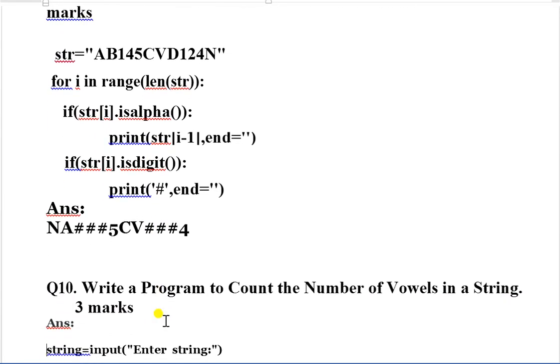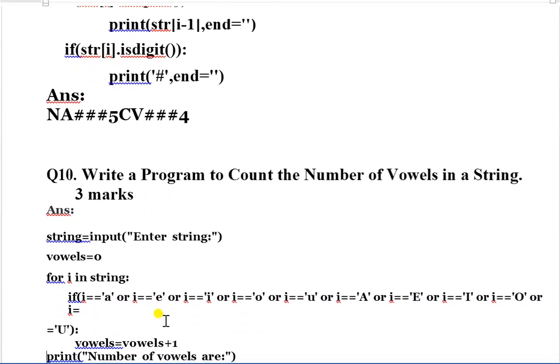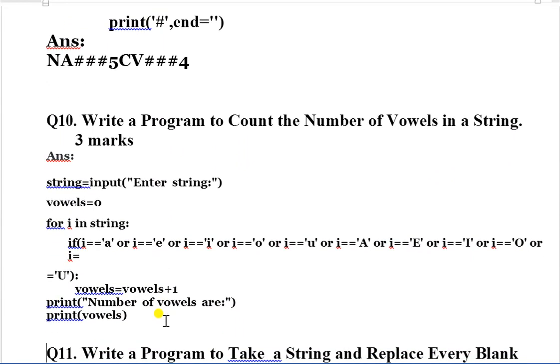Now question number 10. Write a program to count the number of vowels in a string. It is of 3 marks. So these are the vowels. You have to ask for the string from the user. Then the initial value of vowels is 0, because we have to count it.